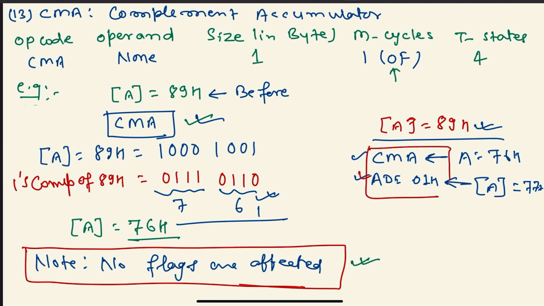Now it gives the 2's complement. After execution of the CMA instruction, whatever the status of the flags, it is not going to change. This is also a key point for this instruction. The size is only 1 byte, the machine cycle is 1 machine cycle, and by default the number of T states will be 4.